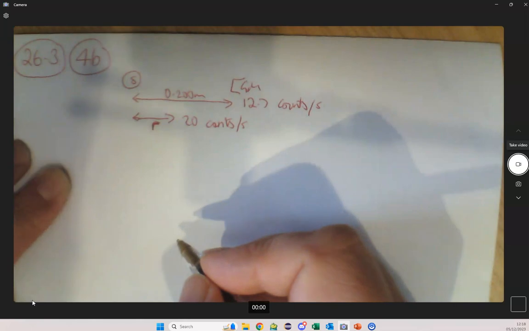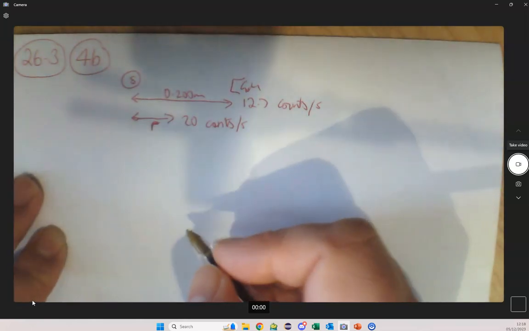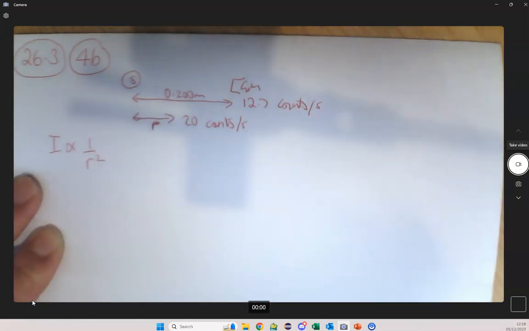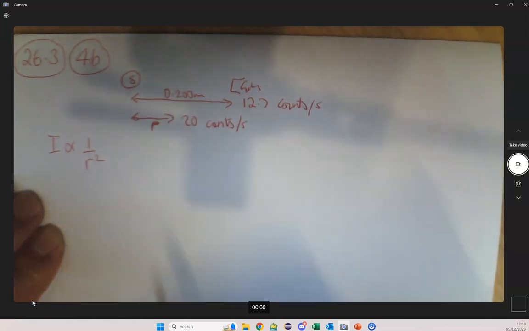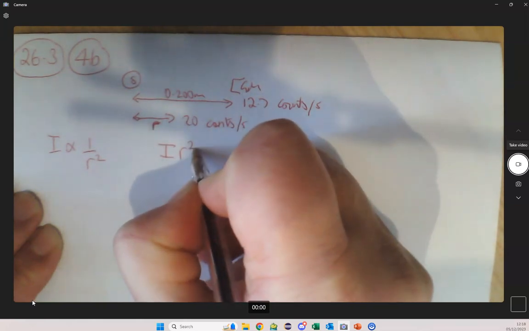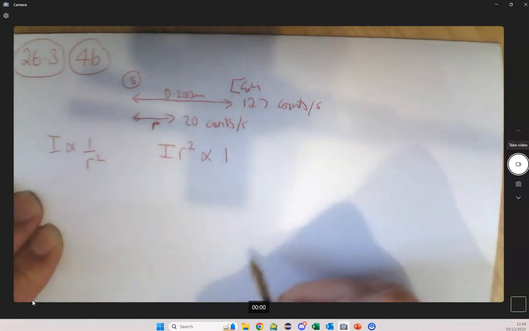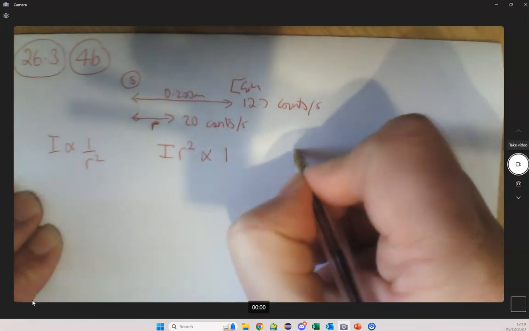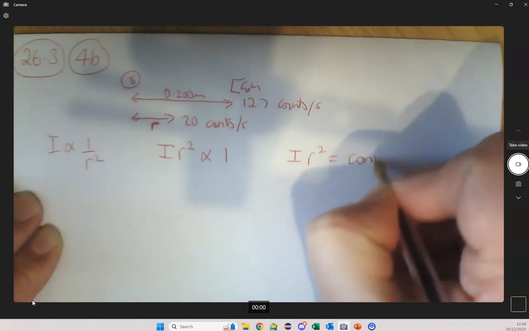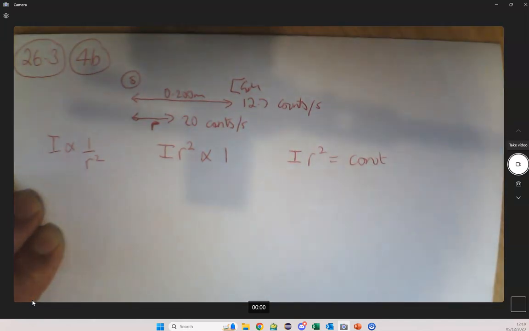And we know gamma radiation in air, the intensity is proportional to 1 upon r squared. Now, what that actually means is the intensity times the distance squared is proportional to 1, which really is saying the intensity times the distance squared is equal to a constant due to this relationship.